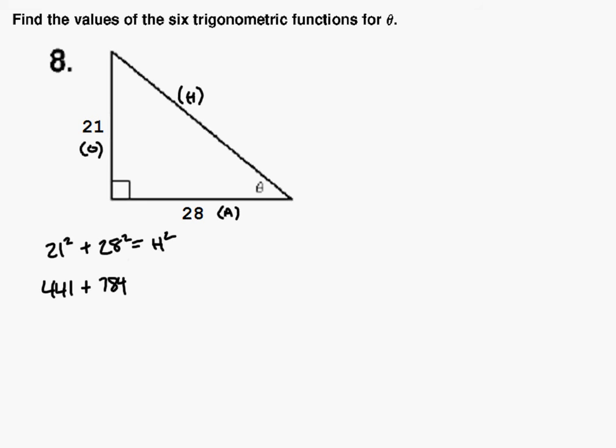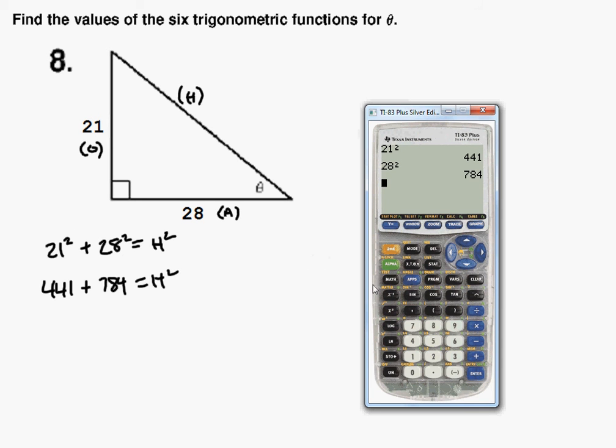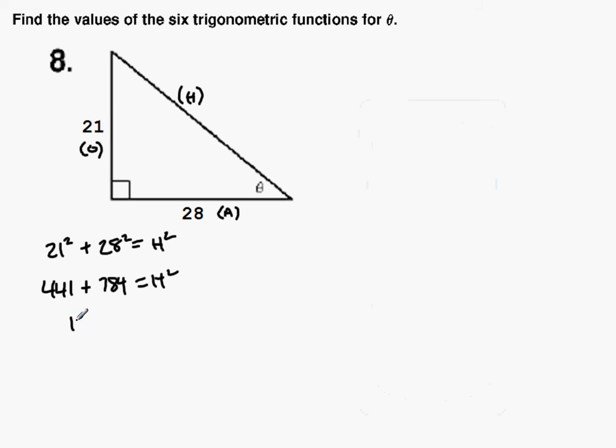And if we were to add, that's equal to the hypotenuse squared. If I were to add those two together, $1225 is equal to the hypotenuse squared.